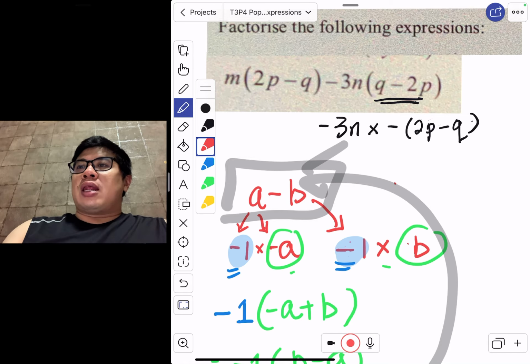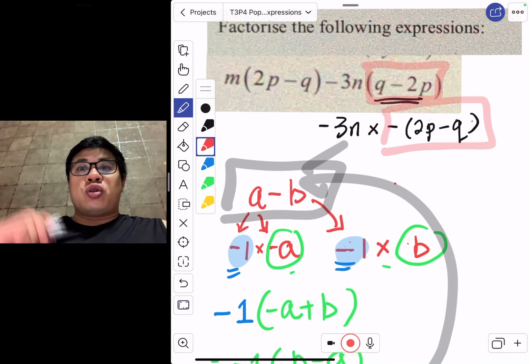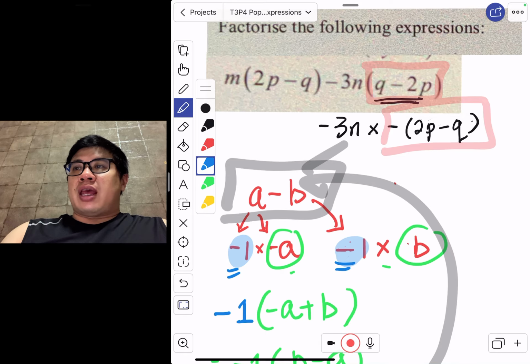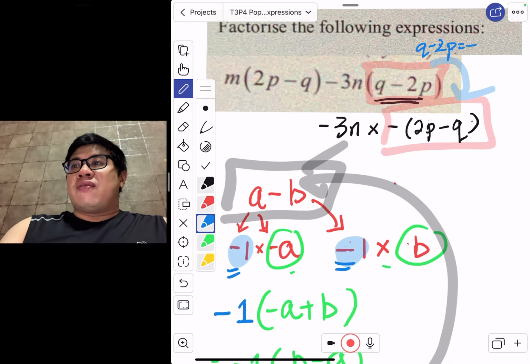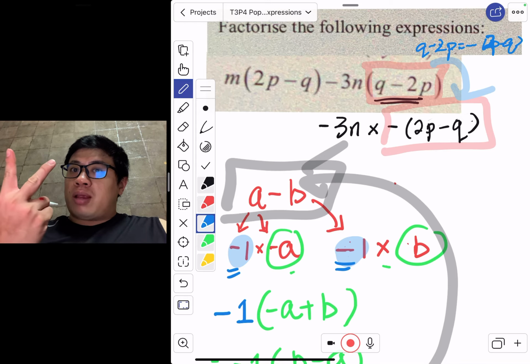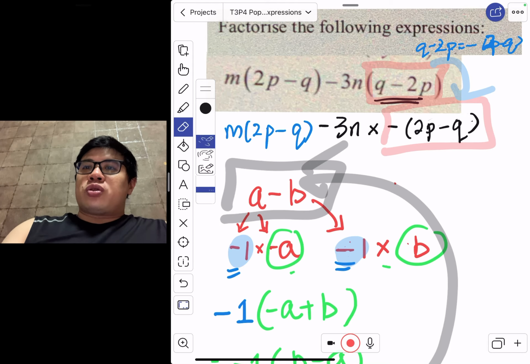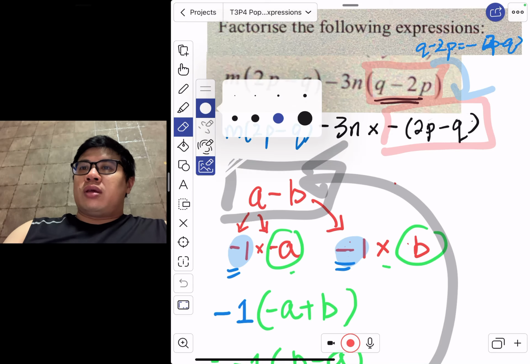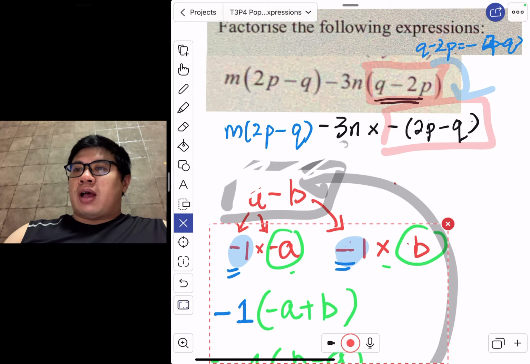So you can see that q minus 2p here, I've rewritten as negative of 2p minus q, simply by applying the fact that q minus 2p is the negative of 2p minus q. I can swap the terms just by putting a minus sign outside. Then you have m bracket 2p minus q. Let me erase those at the bottom so it doesn't get in the way.